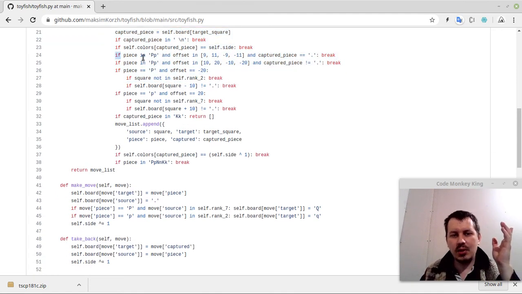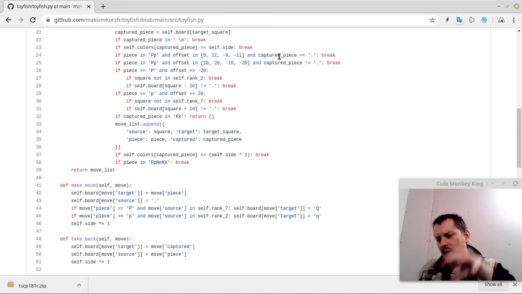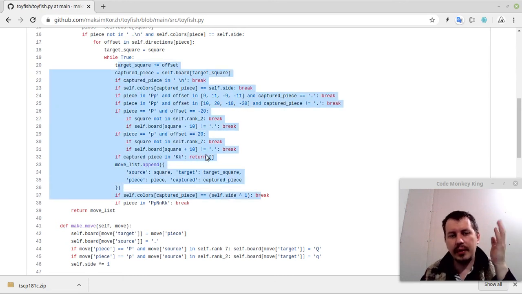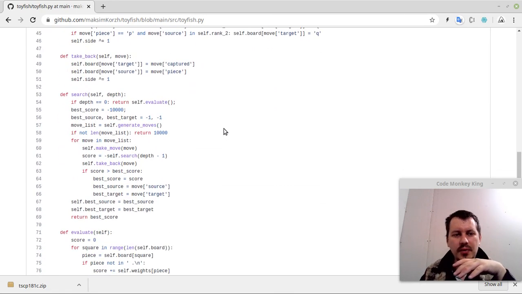We have some additional exception rules for pawns: to only capture diagonally, to only push forwards if no piece is there, and a double pawn push only if there is an empty space there, and only if you have the pawn on the 2nd or on the 7th rank. And because of the data encoding, we can do this quite elegantly here. And yeah, this is it.